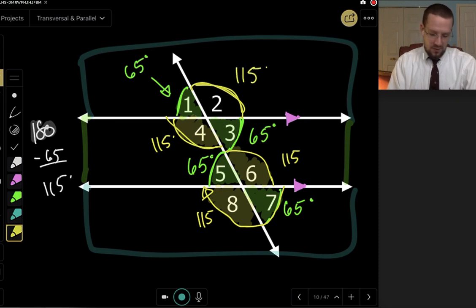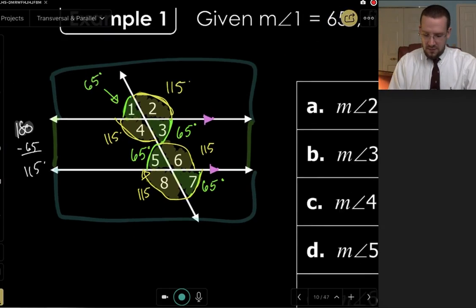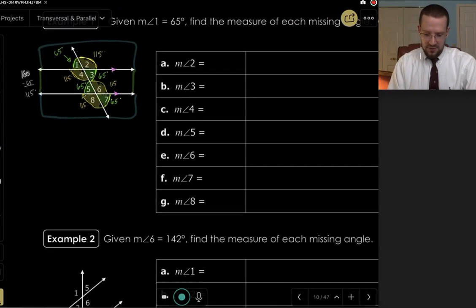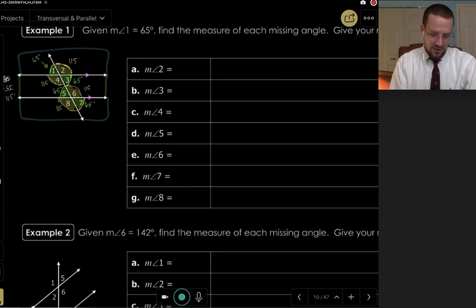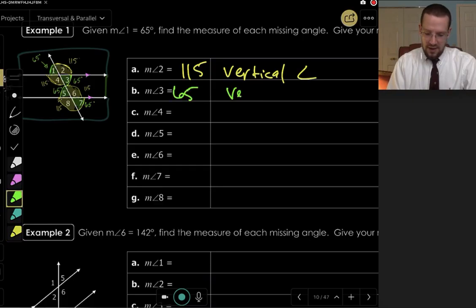So that's 115. And so what I'm going to do here is off to the side, I'm going to fill in these values and the angle relation I used. So I found 115, and this was from a vertical angle. Number 3 I found to be 65, and that again was from a vertical angle.